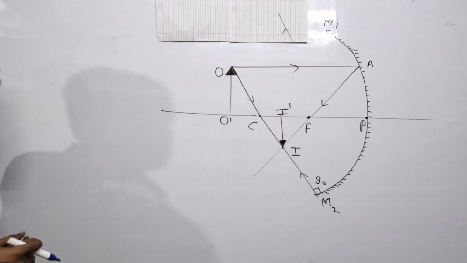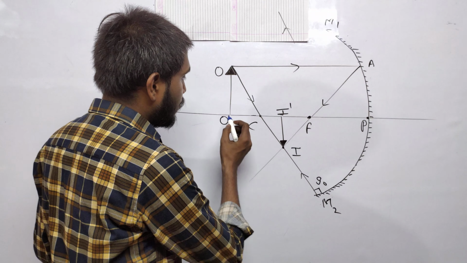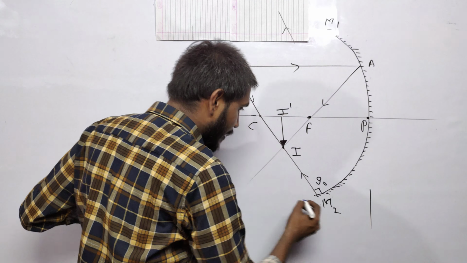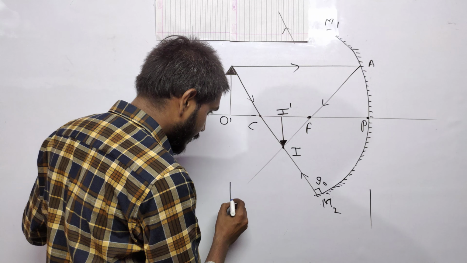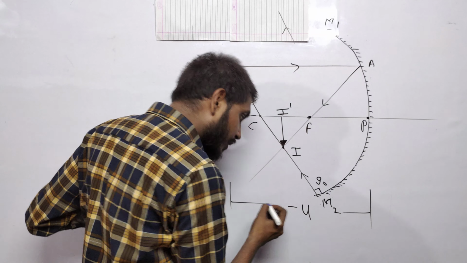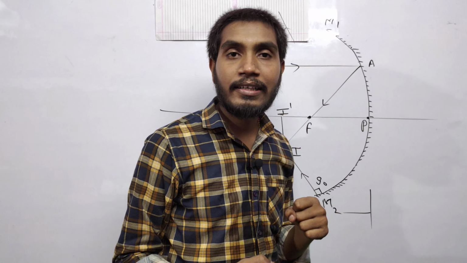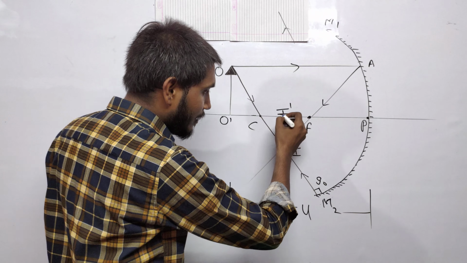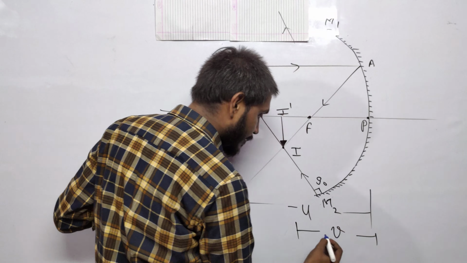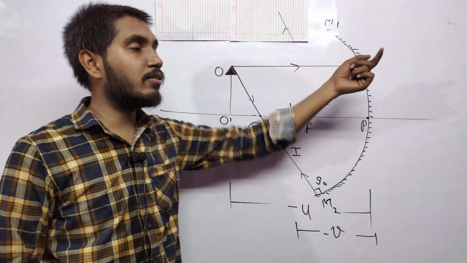And now I want to say to you, this is the distance of the object, U. We will take it with a minus sign because it is opposite in direction to the incident ray. And this is the distance of the image, we will take it with a negative sign, opposite direction to the incident ray.